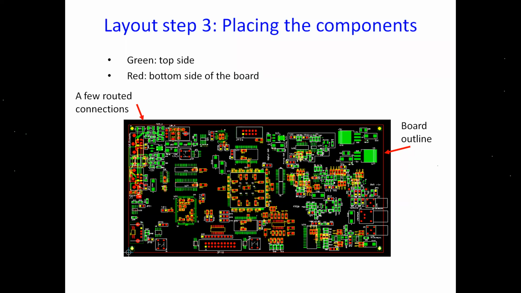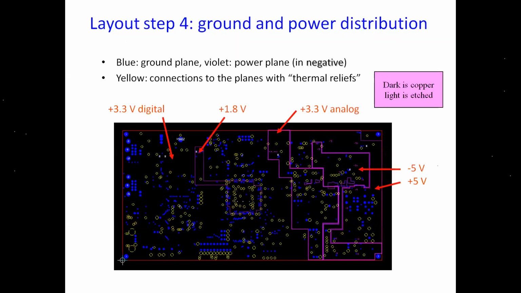And the power delivery network has to be taken care of. So various small factors are to be considered for placing the components as well as the routing. For the power and ground distributions, there may be multiple powers and multiple grounds, like analog and digital grounds.